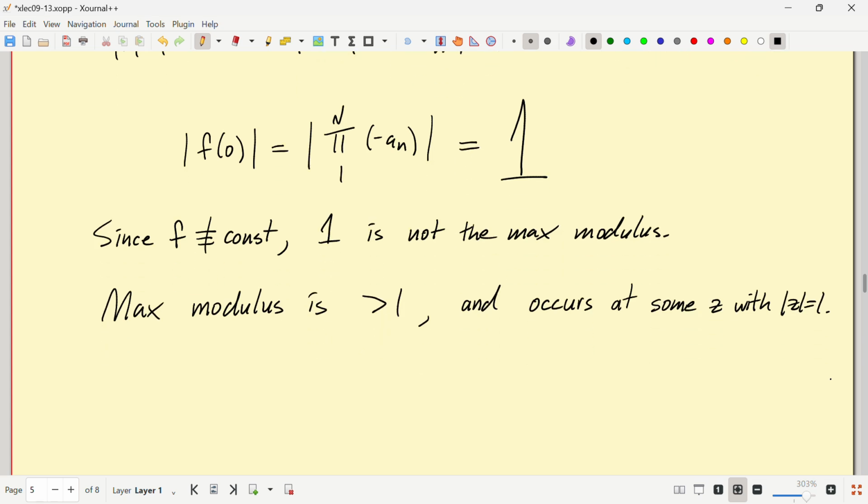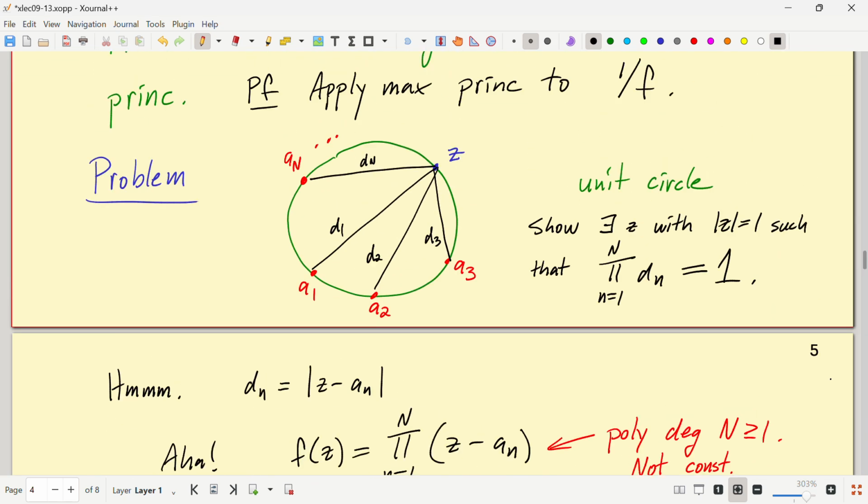So if you go back to my picture, as that z moves around, when I hit an a_n, it's going to be 0, right? Because that distance is 0 there. So if I slide that over to a_3, then that distance d_3 would be 0. And so it's 0 there. But I just showed you there's some point where it's bigger than 1. What comes to mind? Yeah, the intermediate value theorem.